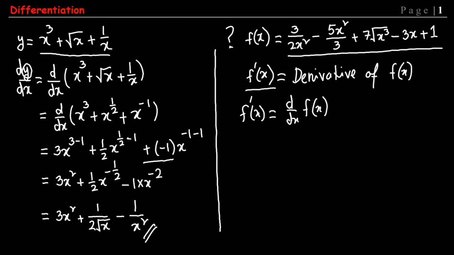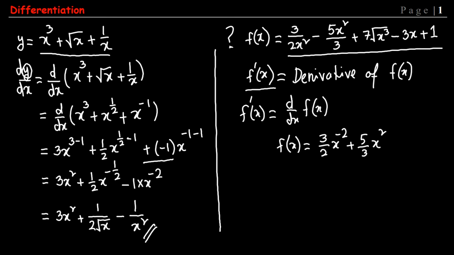The expression f x, we need to simplify first by writing it like this as a power of x. f of x equals, you can write it, say 3 by 2 x to the power negative 2. Then the next one plus 5 by 3, this is written here x square, so let me write x square.